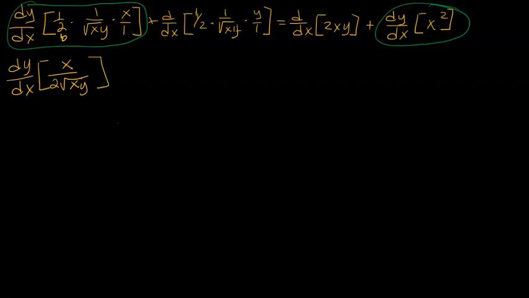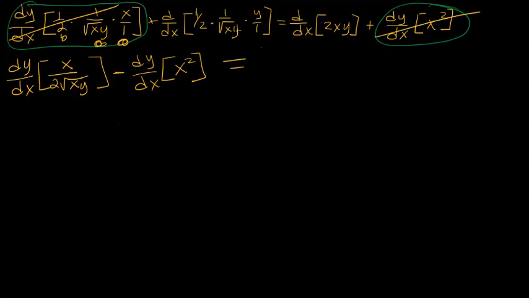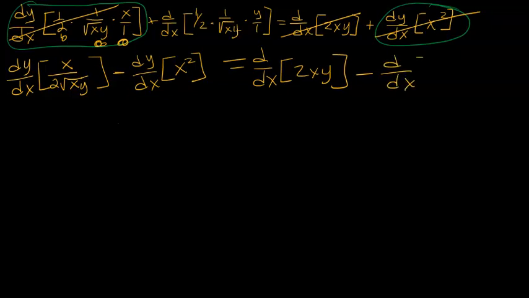I just pushed all three of these together, right? Minus dy dx, which is x to the second. I used that. I'm going to do an equal sign. D dx 2xy. Get rid of that. Minus d dx, which is going to be y over 2 square root of xy. Great. Y over square root of xy.